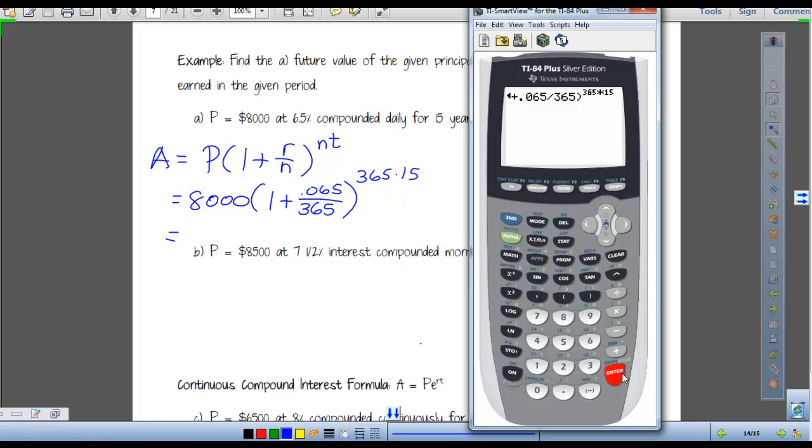Okay, and so you should get, oh, I got an error. Let's see what I do wrong. Okay, second insert parenthesis. So delete this.